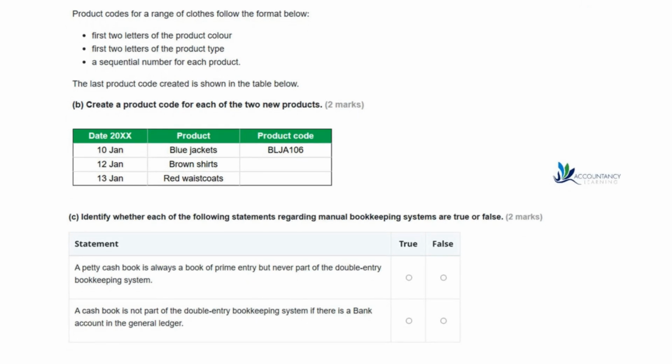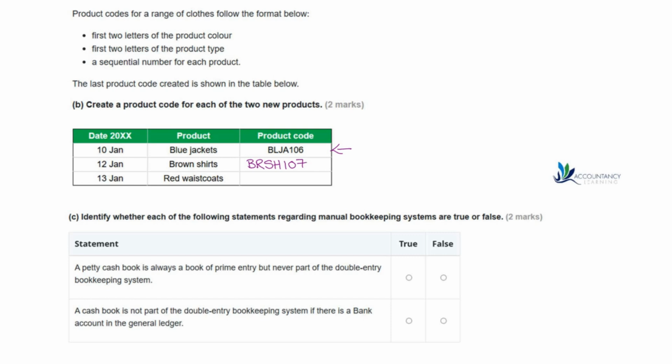So we can see we've got the last one here. We've got brown shirts. So it's the first two letters of the product colour, BR for brown. First two letters of the product type, SH for shirts. And a sequential number. The last number used was 106, so it'll be 107.